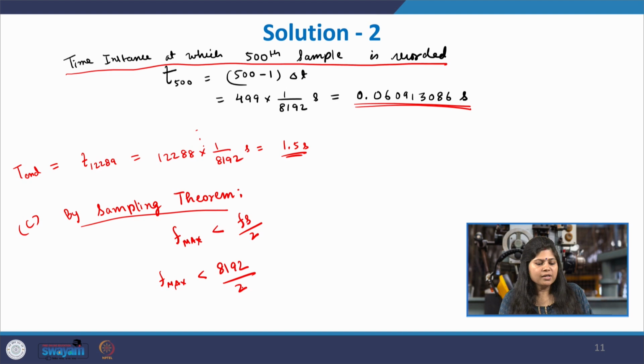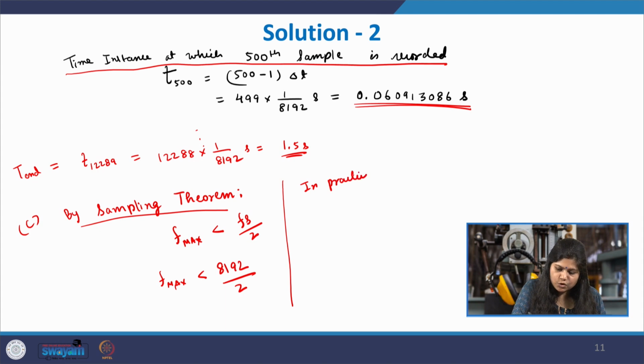Now, in practice, for most of the DAQs, F max has to be smaller than Fs by 2. So, this implies that Fs has to be greater than F max times 2.